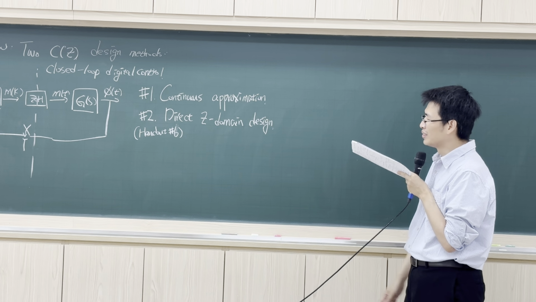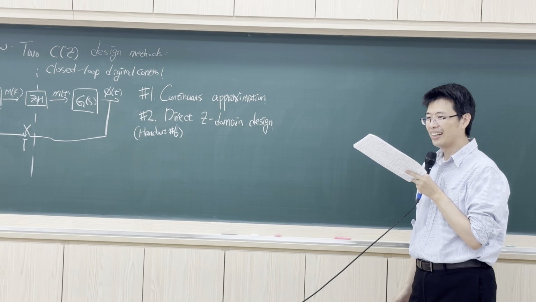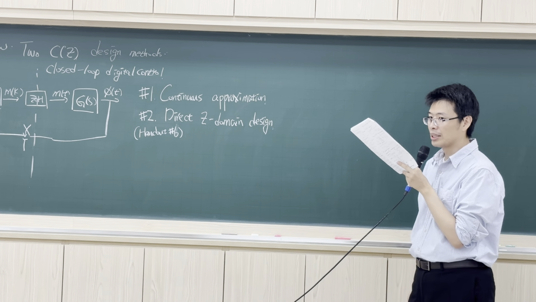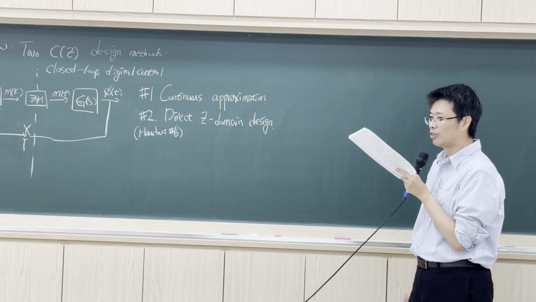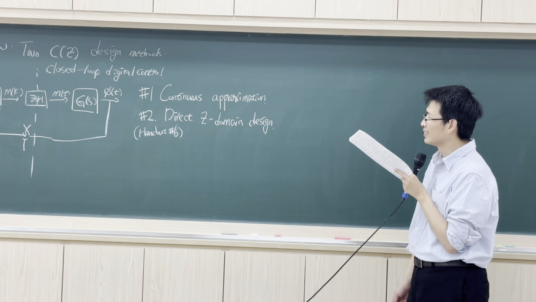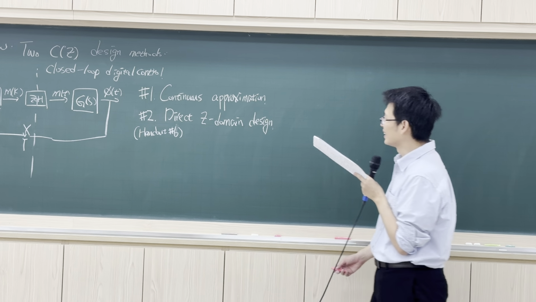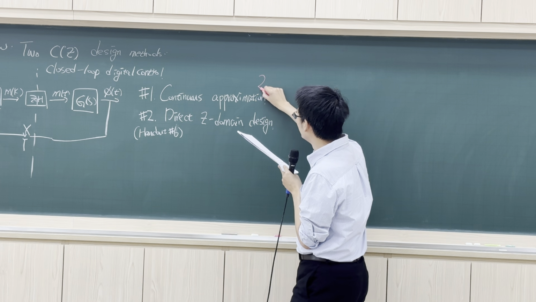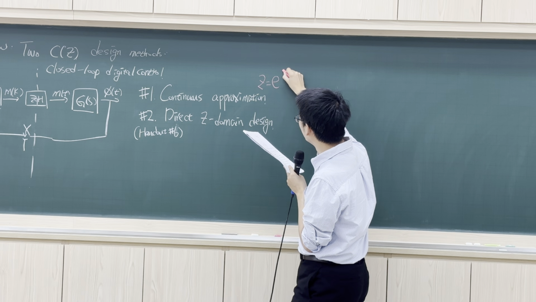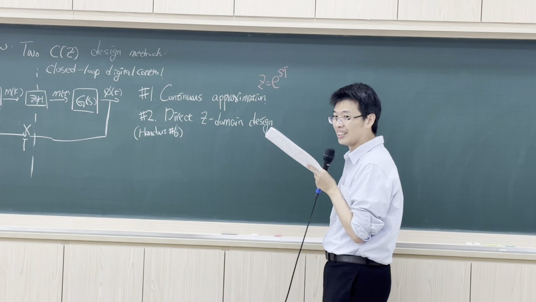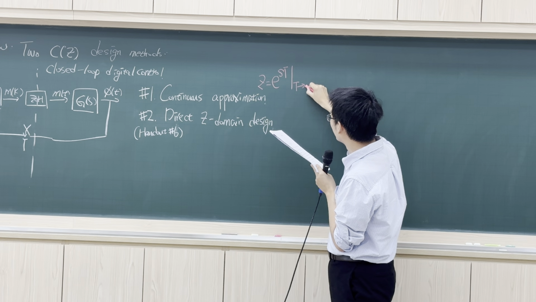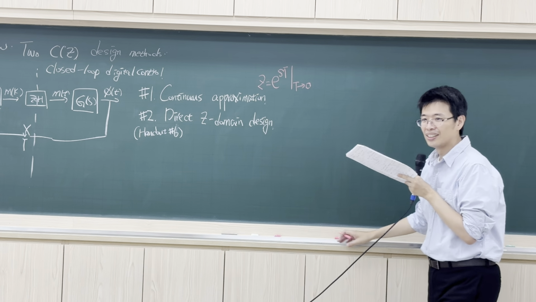I'm going to give you some comparison between these two design methodologies. The first one, continuous approximation, is under the assumption Z is equal to exponential st, and t is close to 0.